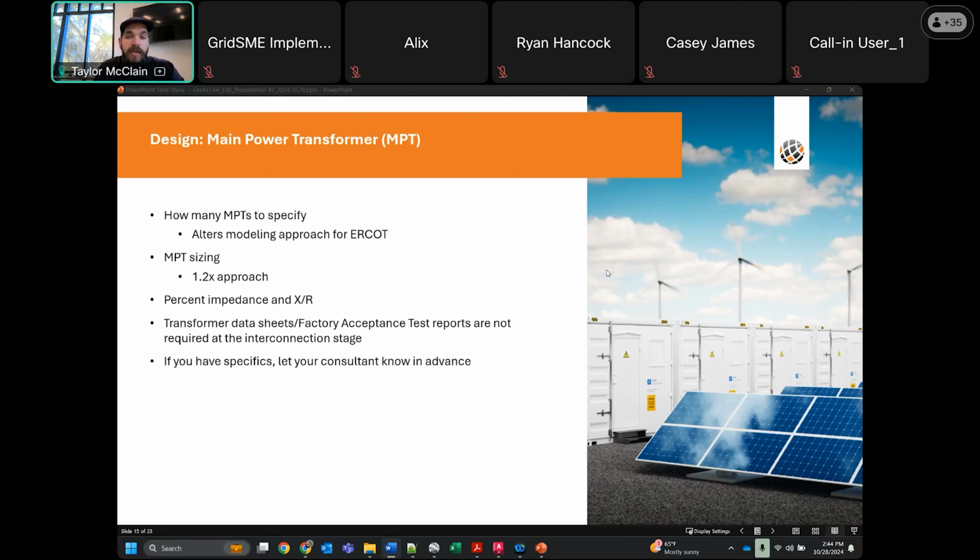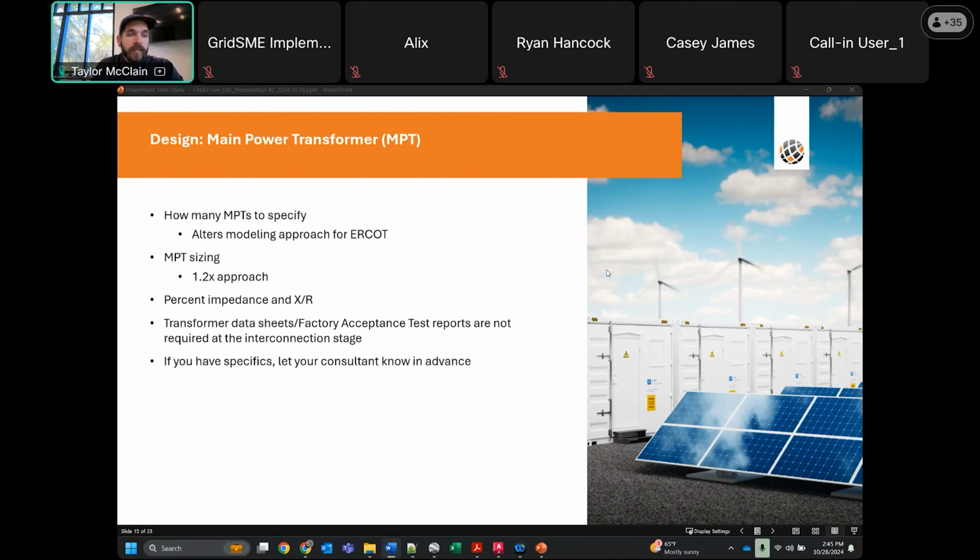So not a problem, not even too much extra work, just something to consider. It will come into play on the dynamic modeling as well. It requires a different power plant controller model, a number of things, but just definitely something to think about. And if you are going to specify more than one, maybe have that discussion with your consultant and see if there are any potential downsides to that.